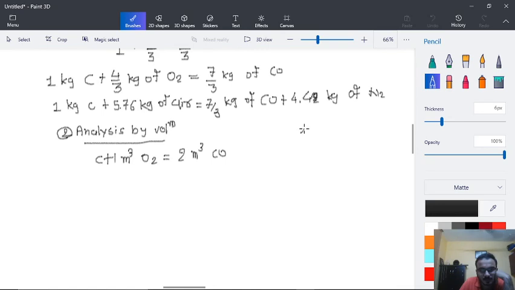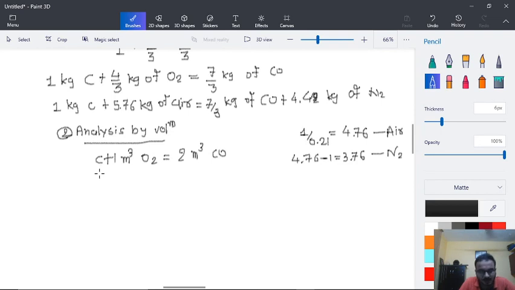So 1 divided by 0.21, if you recall, can be written as 4.76. This will be the quantity of air, and 4.76 minus 1 is equal to 3.76. So this will be the volume of N2.